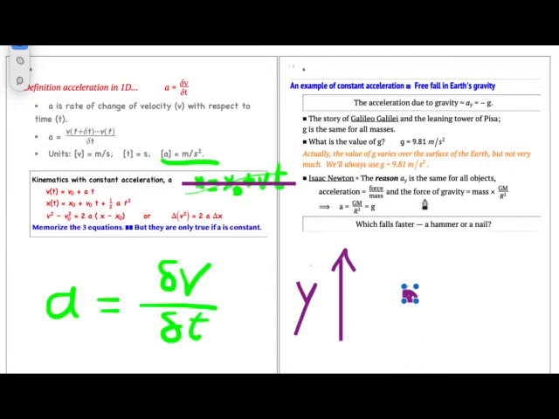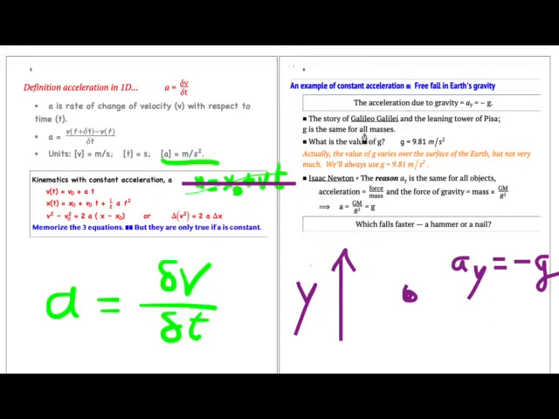The acceleration is downward. So the acceleration is negative. So the acceleration in the y direction is equal to negative a positive number, g. And the remarkable fact is that g is the same for every object. The acceleration due to gravity is the same for all objects.